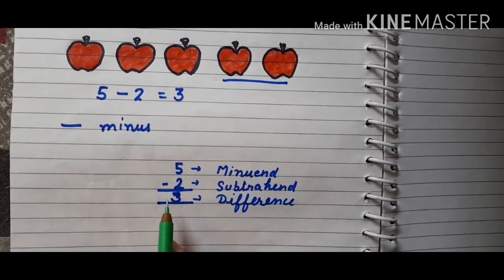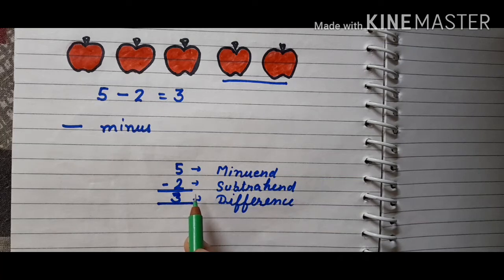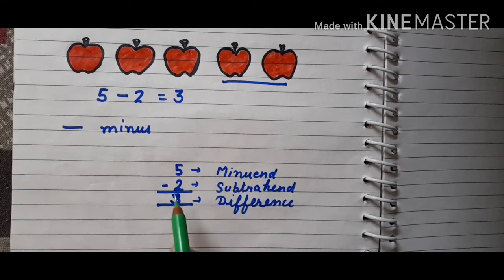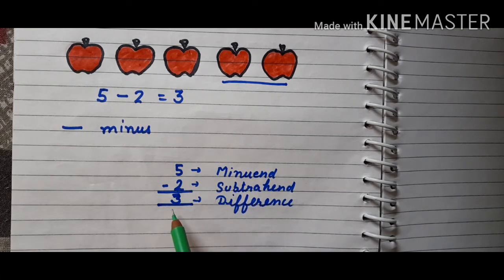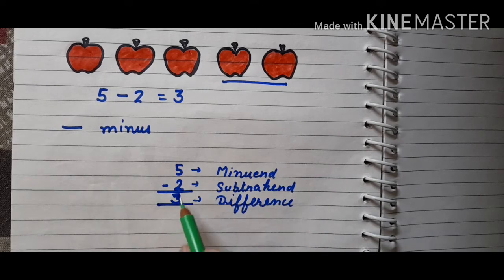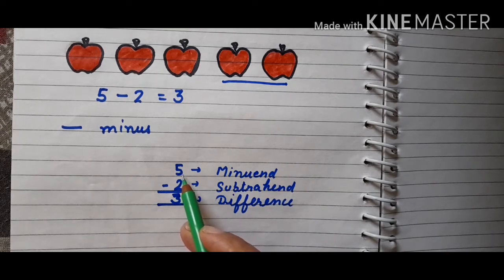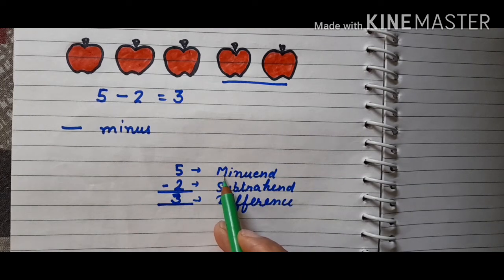So students, now let's learn about the terms of subtraction. Students, here we have 3 numbers: 5, 2 and 3. So what is 5 here? The number being subtracted from is called minuend. So 5 is here minuend.